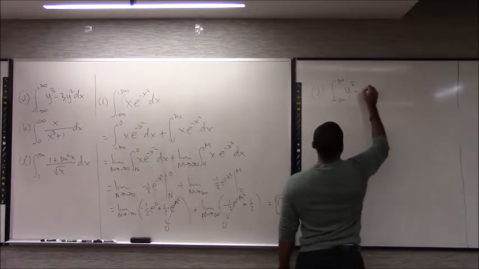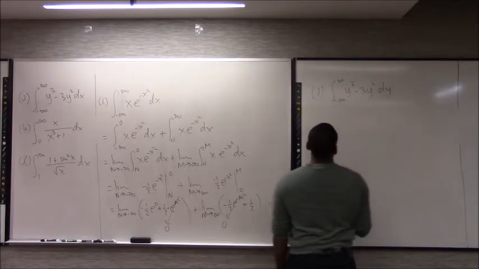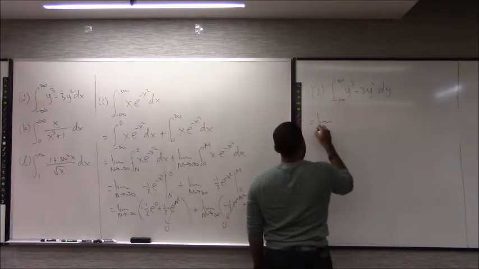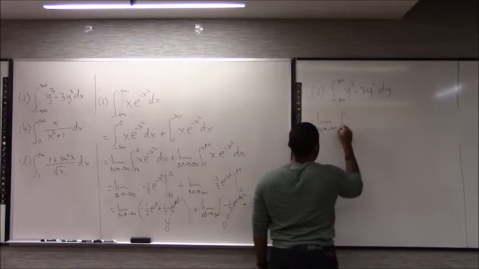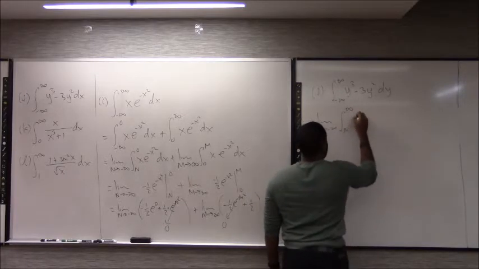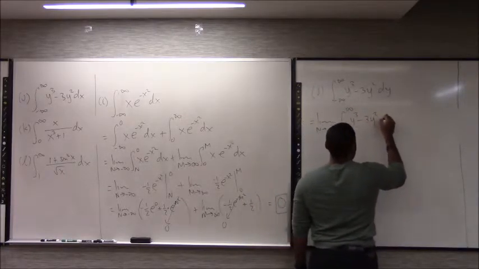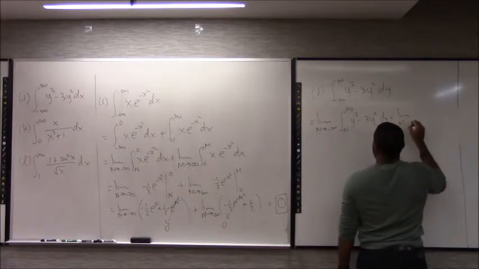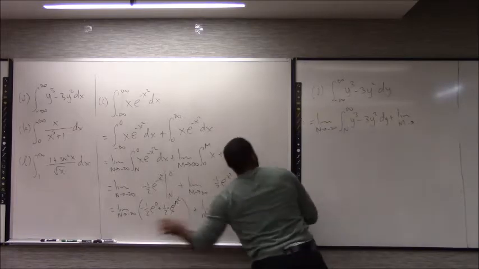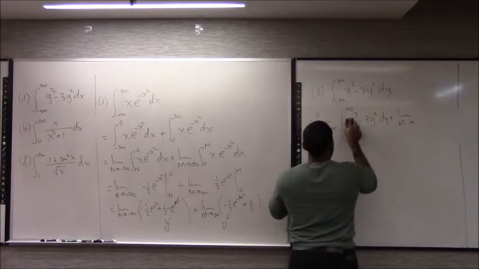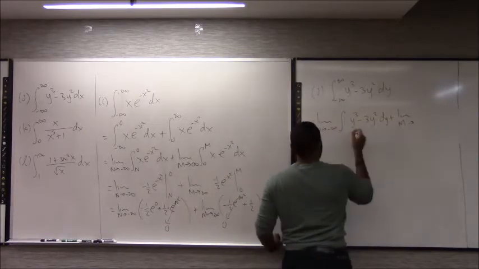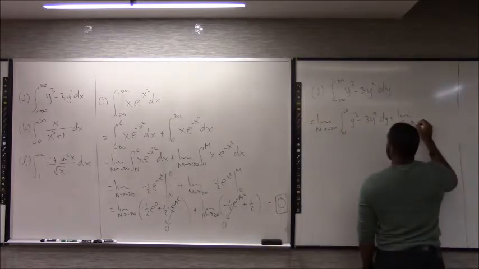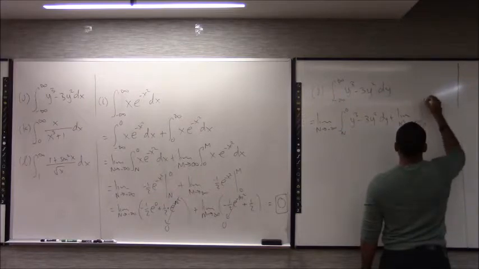Polynomials. So the only place they'll mess up is at the infinite limits, so I'm going to do the same kind of idea. So n goes to negative infinity, plus n goes up to say 0, and then n goes to positive infinity from 0 to n.